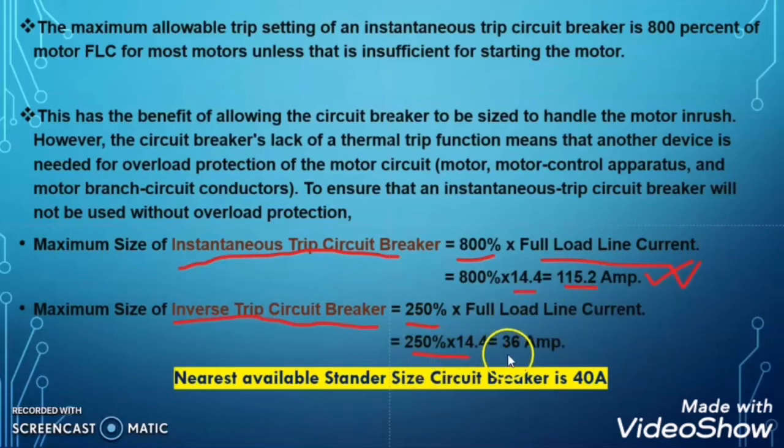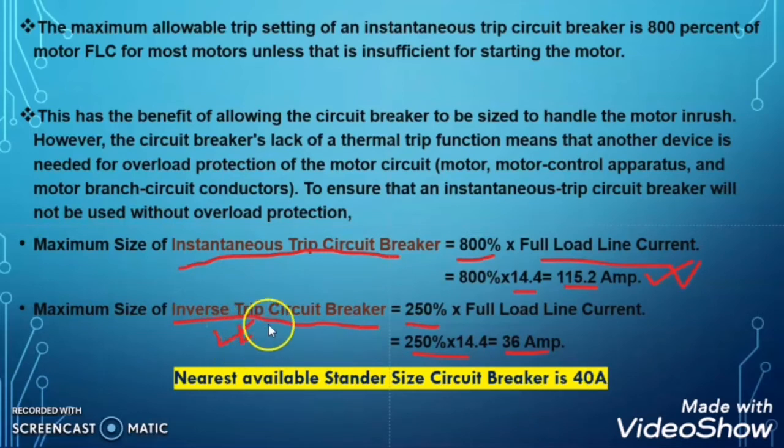Then it's a simple calculation, and we will get 36 ampere. So when you are selecting the instantaneous trip type circuit breaker, the rating is 115.2 ampere, and if the circuit breaker is an inverse time circuit breaker, then the rating will be 36 ampere.